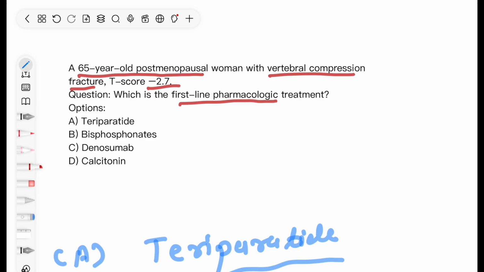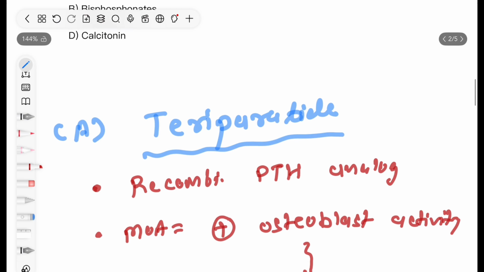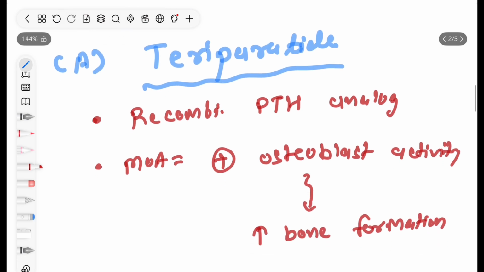So let's discuss option A, teriparatide. Teriparatide is a recombinant parathyroid analog, and the mechanism of action is to stimulate osteoblast activity, which increases bone formation.